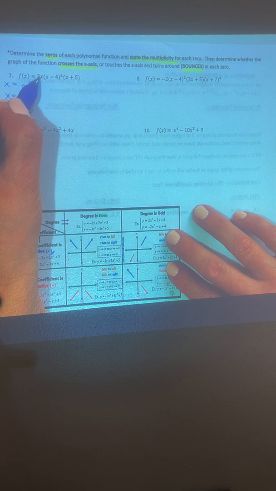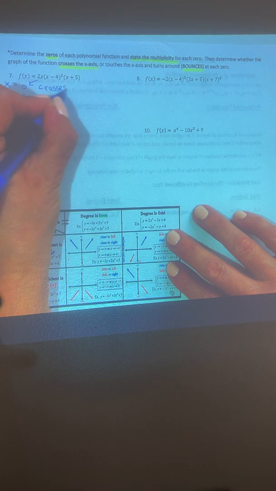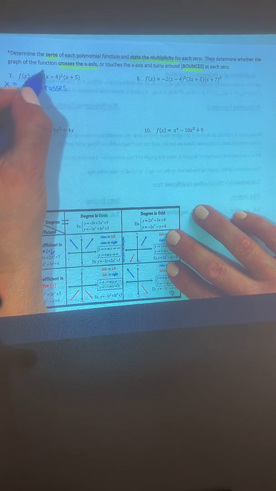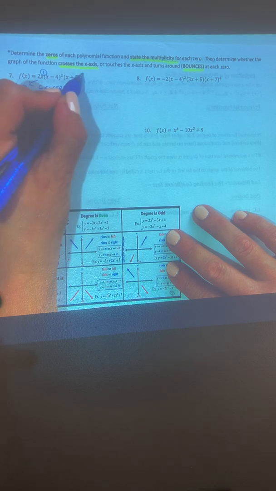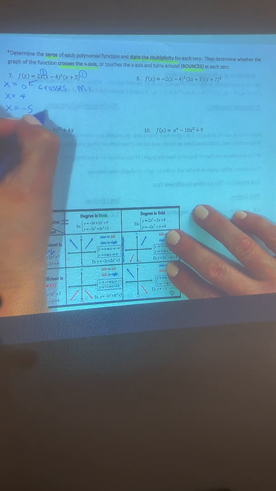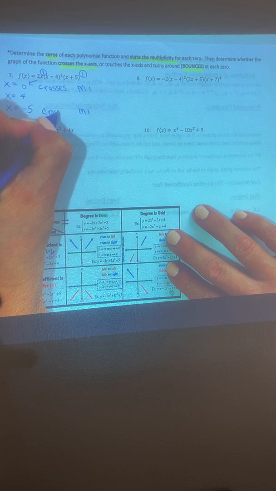So therefore it crosses. Multiplicity of 1. And I can just put m for multiplicity. Therefore these cross. I should probably write x-axis.